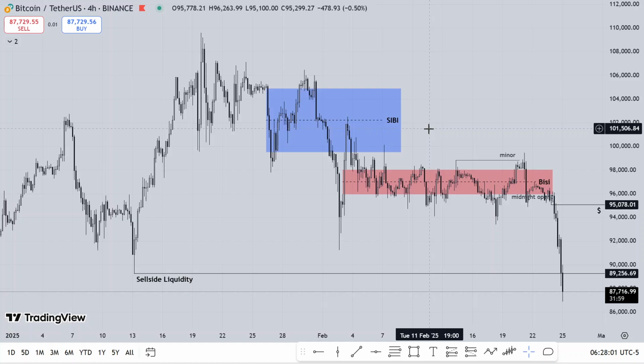Now, understanding the sentiment of the general public gives you an edge to frame your bias and to confirm your bias. Sorry, not frame your bias, to most times confirm your bias.